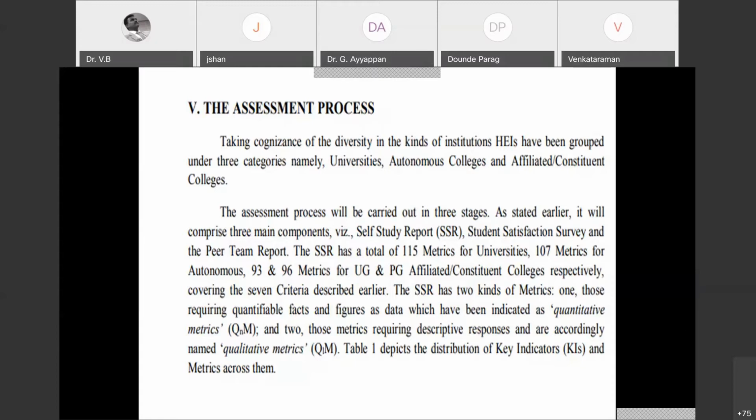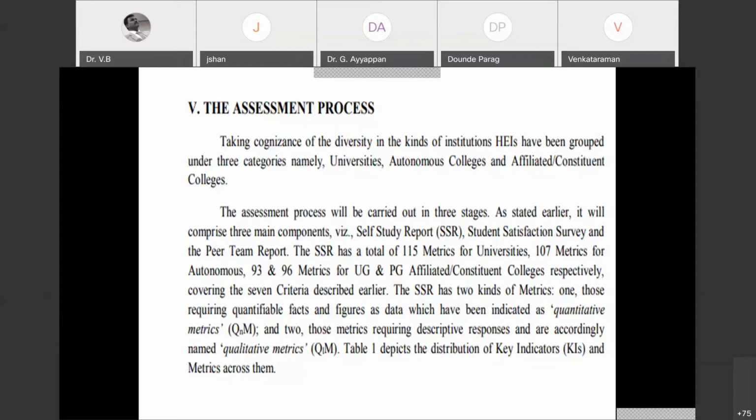Metrics are nothing but questions for which the institution is supposed to give the answer. Say, as teachers, let us put it this way: the 7 criteria are the 7 units: lesson 1, lesson 2, lesson 3, lesson 4, lesson 5, lesson 6, and lesson 7. And the metrics are the questions that will be asked under each lesson.